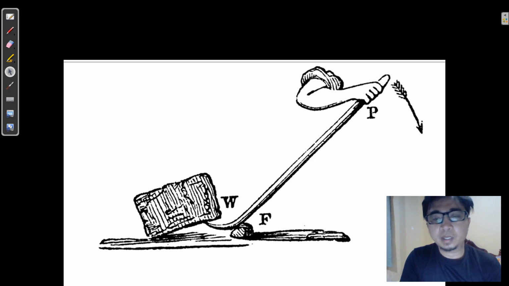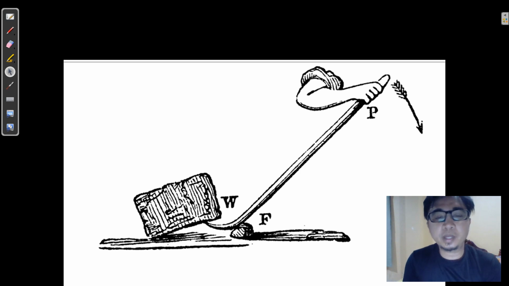Let me elaborate this further with an example, wherein we have a crowbar. A crowbar is actually a tool to simplify the work.